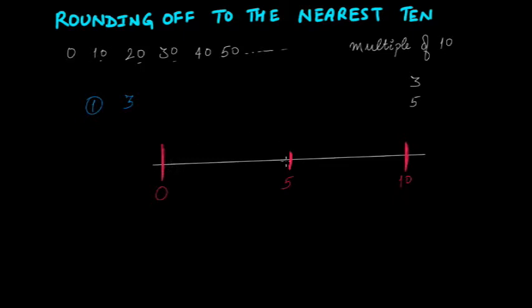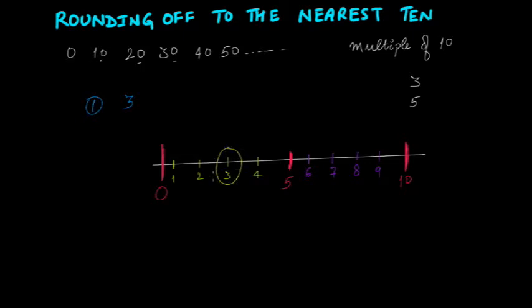Now in between 0 and 5 will come 1, then 2, then 3, and then 4. In between 5 and 10 would come 6, 7, 8, and 9. You have 3. It means it's being asked about this one, right?